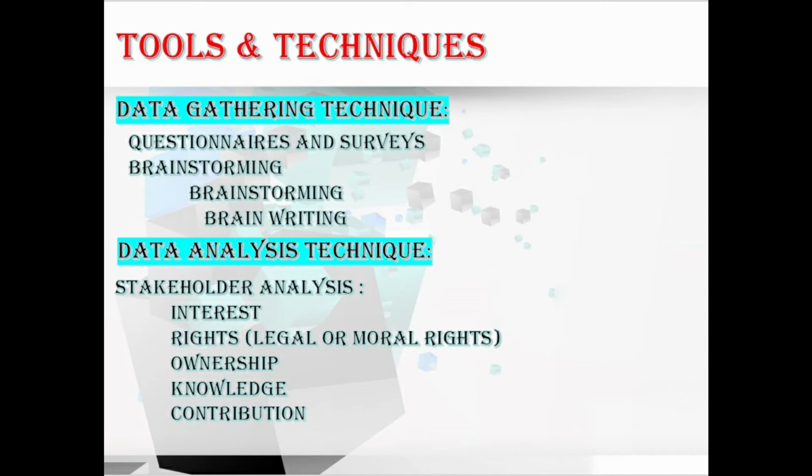This is about the interest of that stakeholder. Coming to rights, that is legal or moral rights. Legal rights, such as occupational health and safety, may be defined in the legislative framework of a country, and moral rights may involve the concepts of protection of historical sites or environmental sustainability. Hope you understood about these rights.